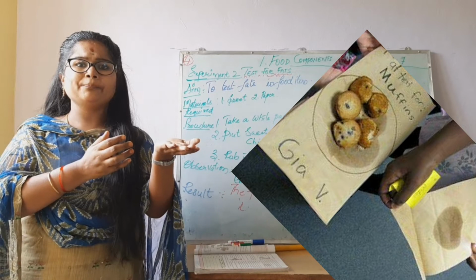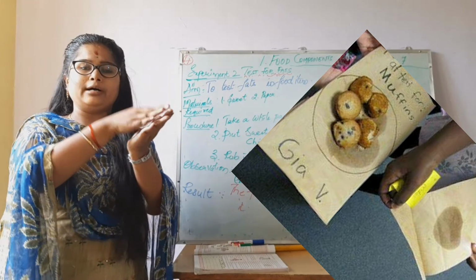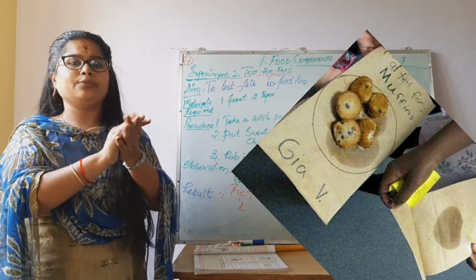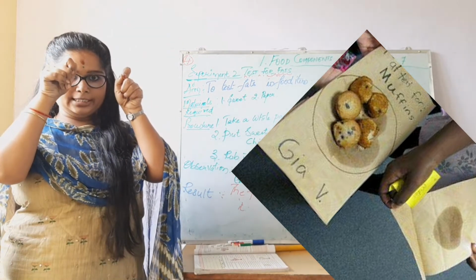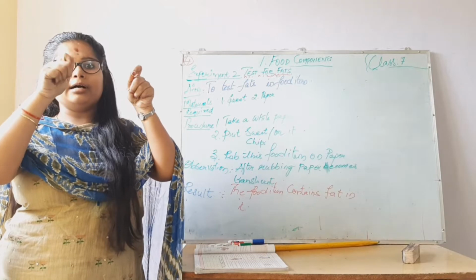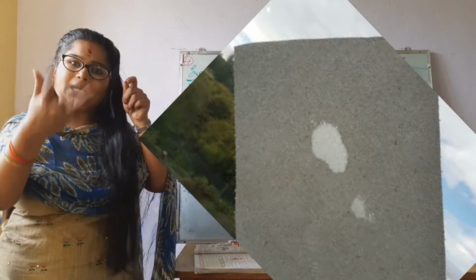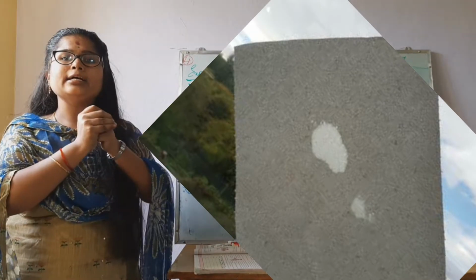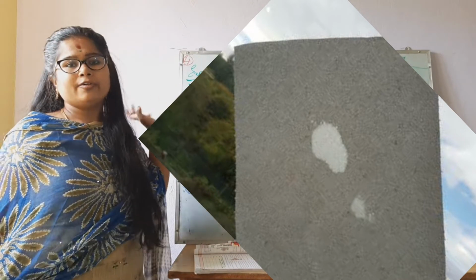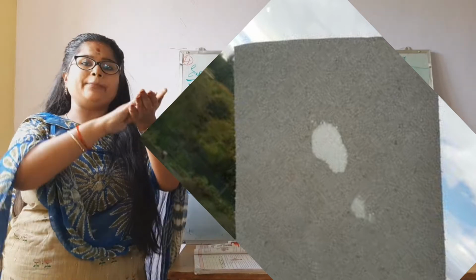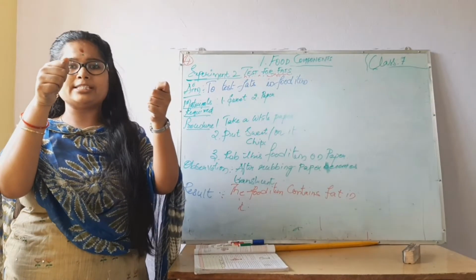Take one paper and rub on it the food item you want to test for fats. If that paper becomes transparent, meaning you can see another object not clearly but partially, then you can say that yes, it contains fat. Simple. If you apply oil to paper, it becomes transparent, isn't it?